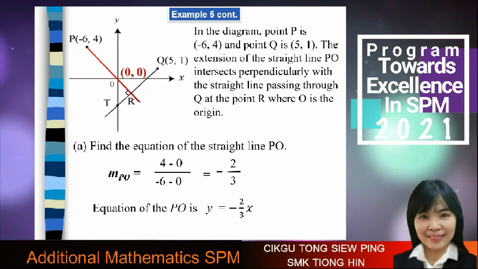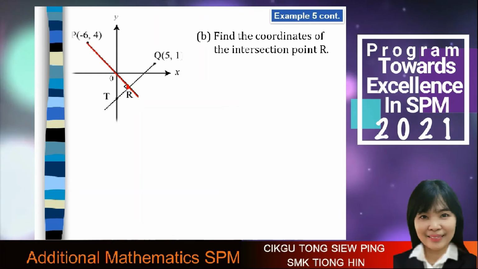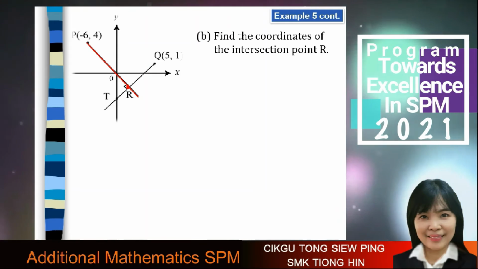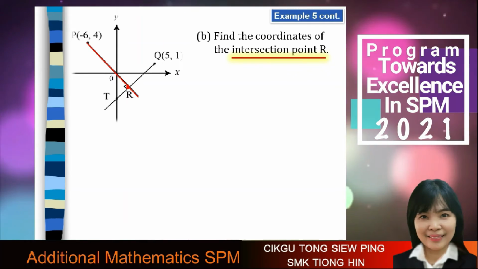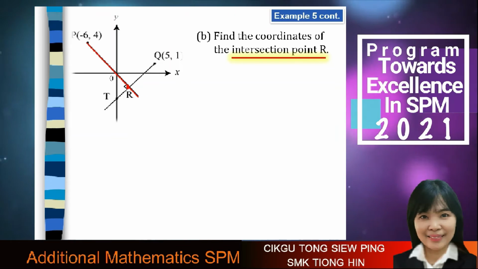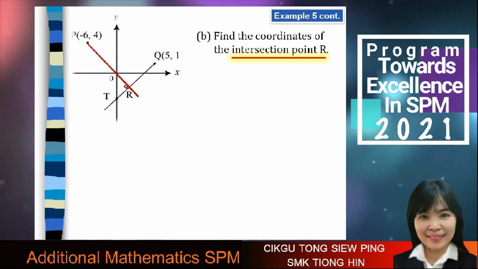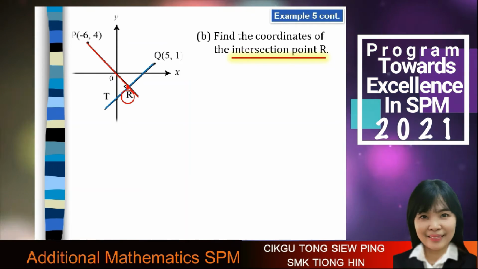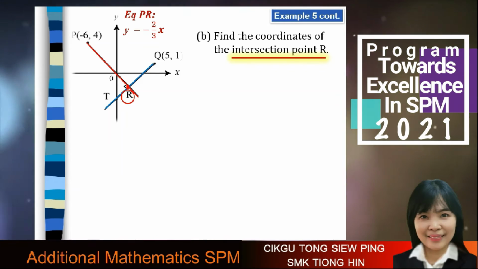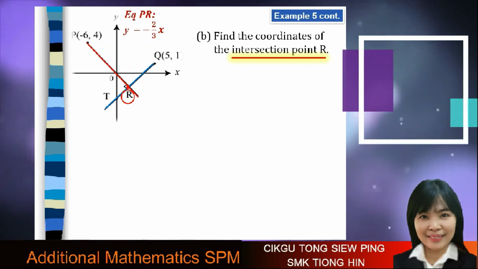Now let us look at part B. Find the coordinates of the intersection point R. The coordinate of point R is the intersection of the lines PR and QR. We need to know the equations of both lines. From the previous part A, we already know the equation is -2/3x. So what we need to find now is the equation of QR.